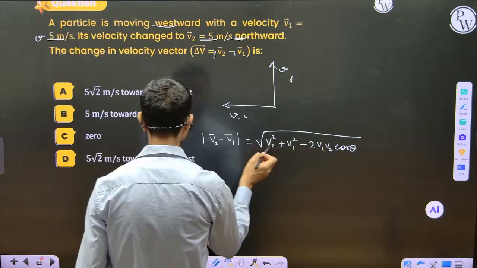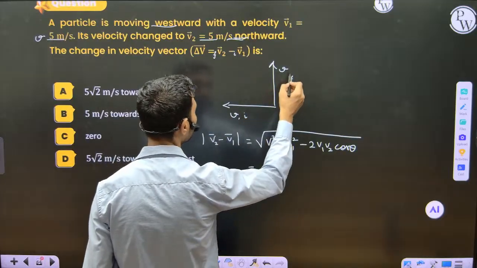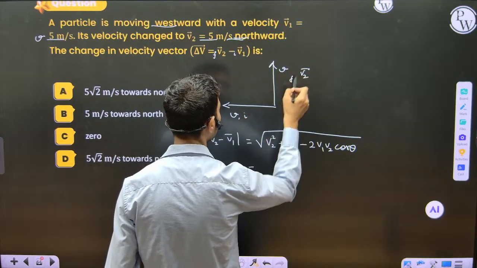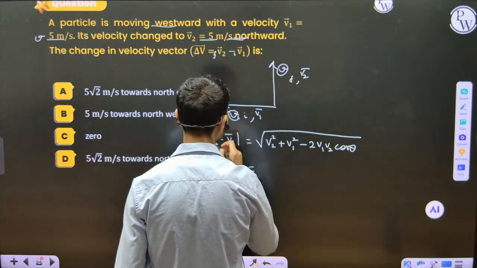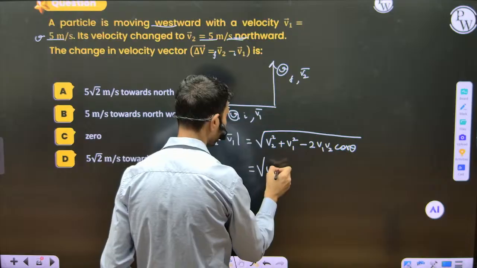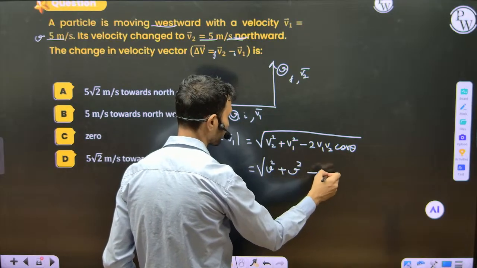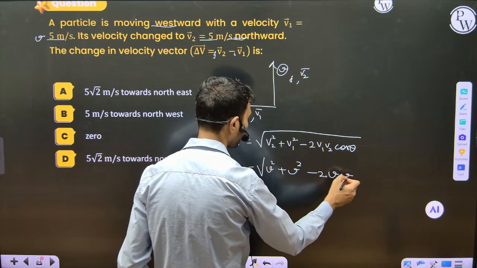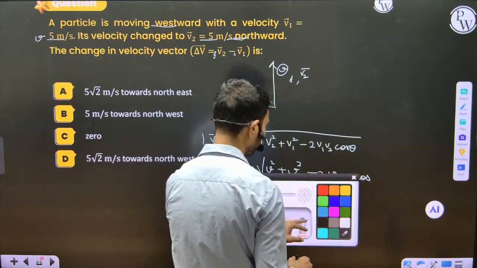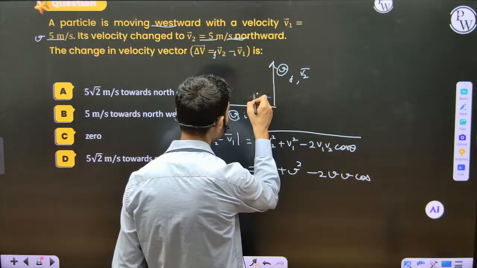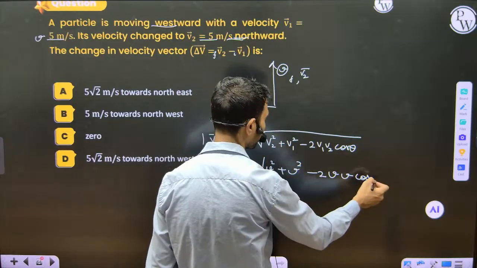But if you see, v2 and v1 both are what? This is v2 vector, this is v1 vector. And both magnitudes are u and u. So it will become root of u square plus u square minus 2 u into u cos of the angle between them. What is the angle between these guys? 90 degrees, right?